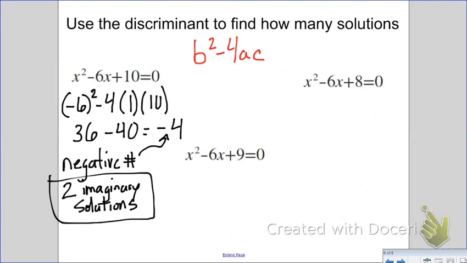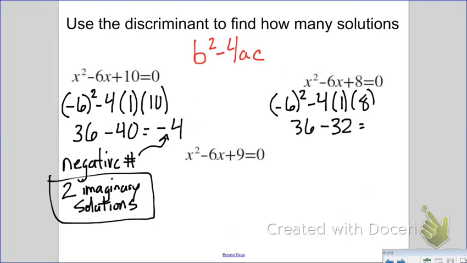So in this problem, our b is again negative 6 squared minus 4 times a 1 times c 8. So 36, and this time it's going to be minus 32 equals a positive 4.